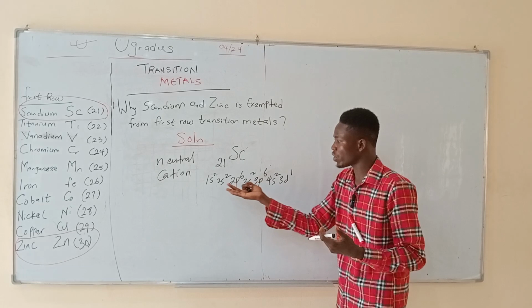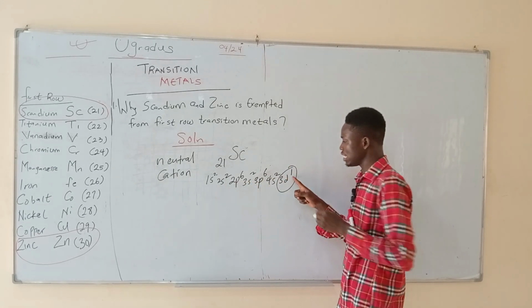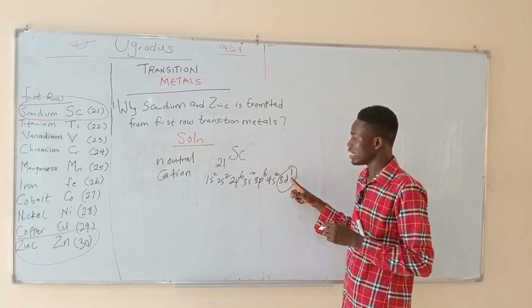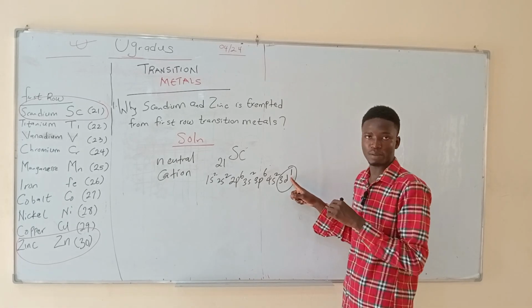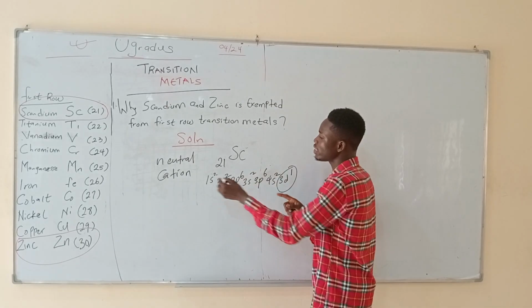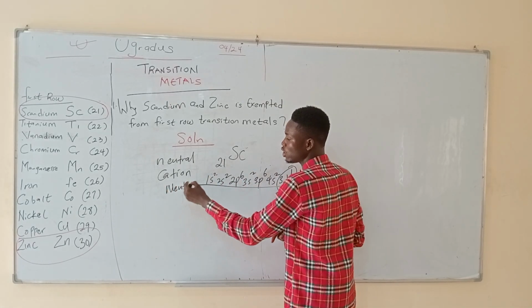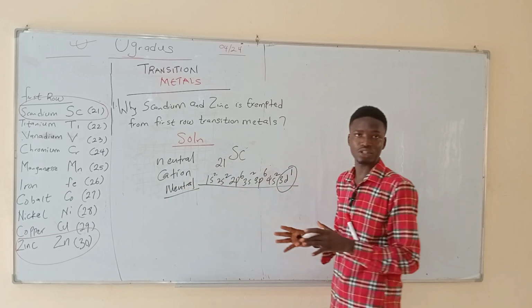As you configure these 21 electrons, we notice that scandium has obeyed this condition, that it has partially filled the d orbital. That means it has at least one electron in the d orbital. At neutral state, scandium is obedient to our condition.